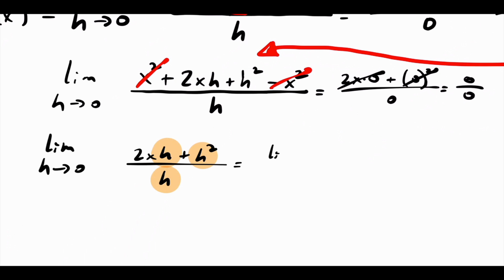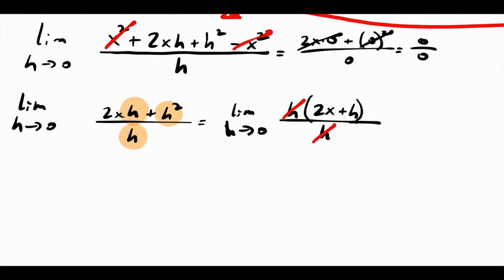So I can rewrite it as the limit as h approaches 0, factor out an h. That would leave a 2x plus h over h. Cancel out an h. So that leaves me with the limit as h approaches 0.